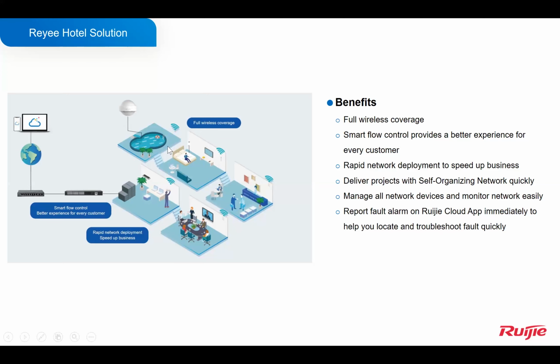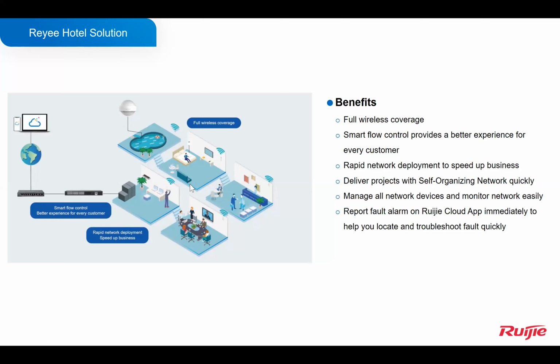Of course, except the indoor area, we also have to provide outdoor service to the hotel's clients, such as the swimming pool or the activity place. For this area, we have to provide full wireless coverage and help our customers organize or manage the network easily and quickly.